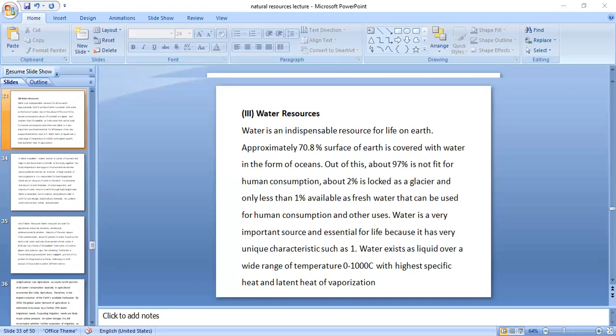Nearly 3 billion people in the world suffer from water scarcity, because the amount of fresh water, drinking water, groundwater or surface water which is available is not sufficient as the population is growing day by day.